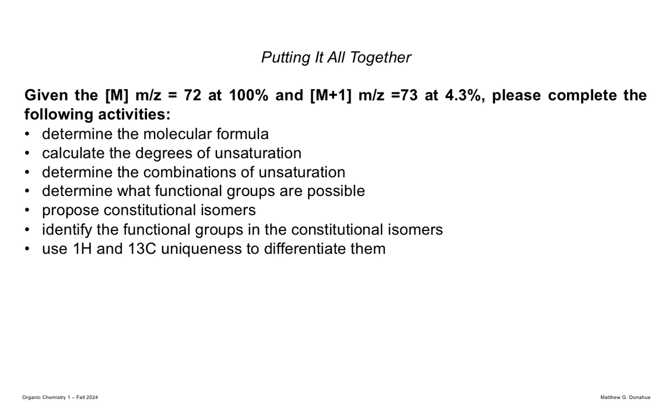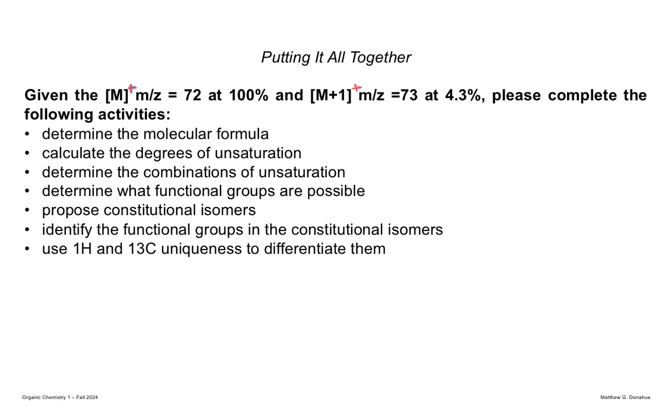So over the remainder of the lecture, we're going to look at this prompt. So given the parent ion with a mass to charge ratio of 72, we're going to say that peak is 100% abundant.